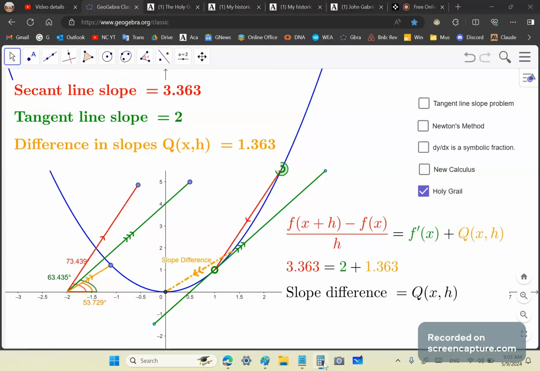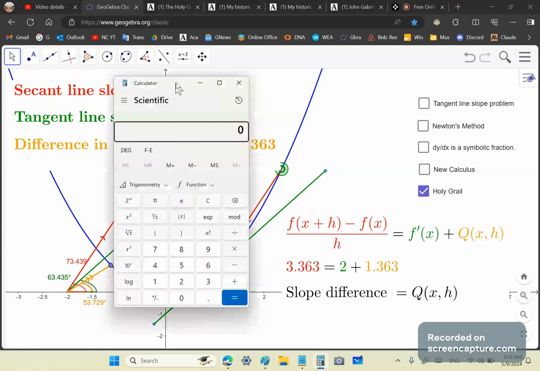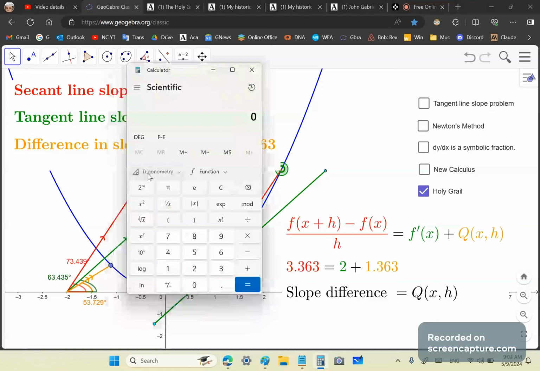You get a calculator. Look here. If we say 73.439 and we take the tangent of that, it's 3.6279, which is approximately 3.363.